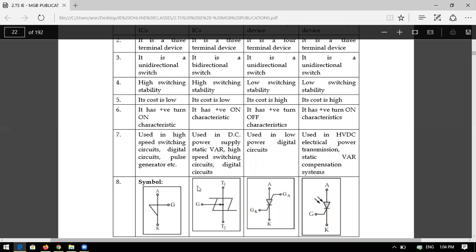SCS is used in low power digital circuits. And LASCR is used in HVDC. What is HVDC? High voltage DC electrical power transmission lines. Generally we have DC transmission lines, but in electrical systems they are generated as HVDC, high voltage DC transmission lines. Static variable compensation systems also use them. That means electrical systems also use them.